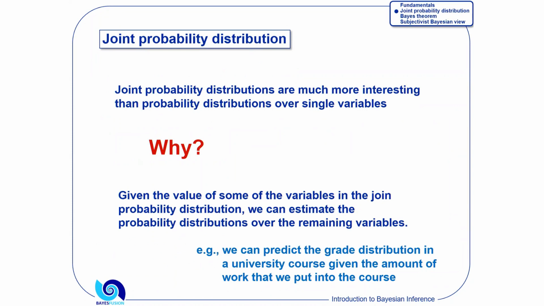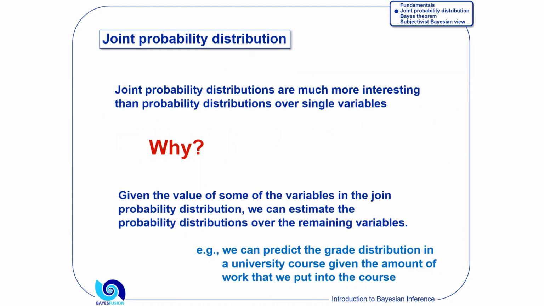So if I have a joint probability distribution over the amount of time that students spend on a course and the grades in the course, 2 variables distributed jointly, you probably suspect that there's going to be a strong dependence between them. Those students who spend more time will generally have higher grades. Again, this is uncertain.